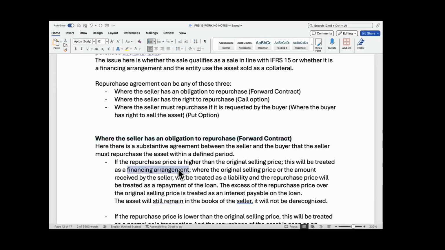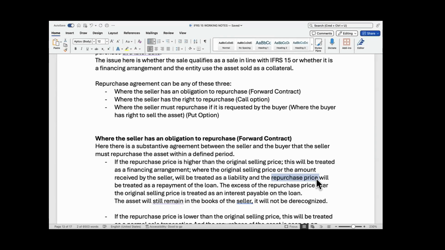If the amount you are buying it back for is higher than how much you sold it for initially, that is a financing arrangement, which goes to show that the amount you received, the original selling price, we are going to treat as a liability, as a loan. And the amount you would buy it back for, the repurchase price, we're going to treat as a repayment of the loan. But since the repurchase price is higher than the original selling price, the excess we're going to treat as interest.